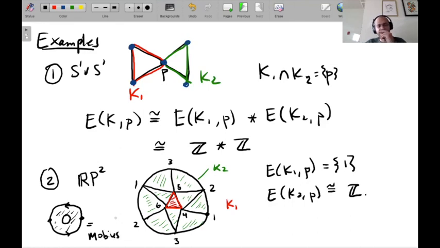And the Mobius band is homotopy equivalent to the circle, which you proved in homework. And as a consequence, its fundamental group is the same as the fundamental group of the circle. So, okay.